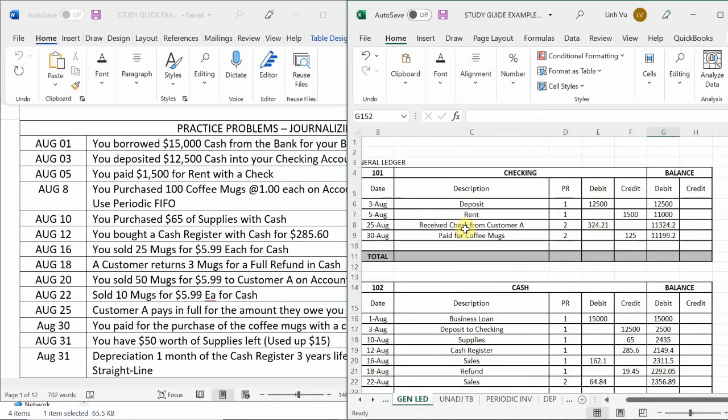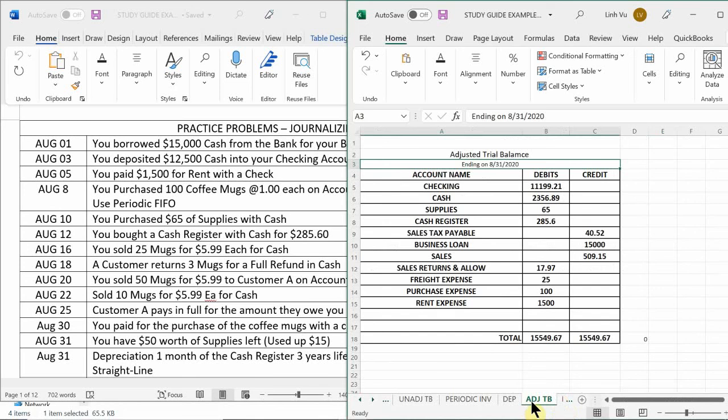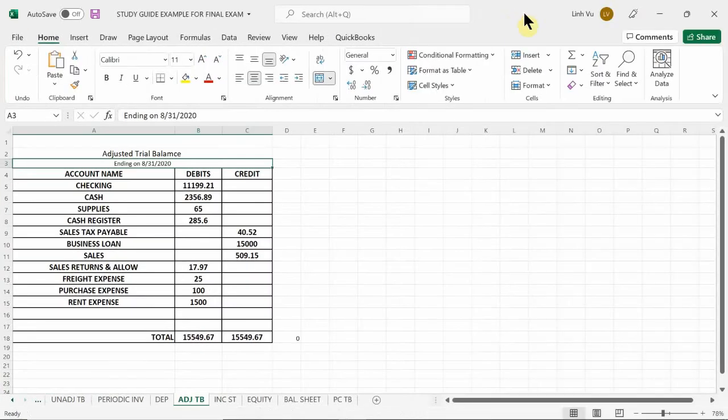Okay, checking should still be 11,199.20, and your cash should still be 23.56. All right, let me go ahead and expand this so we can see this a lot better.